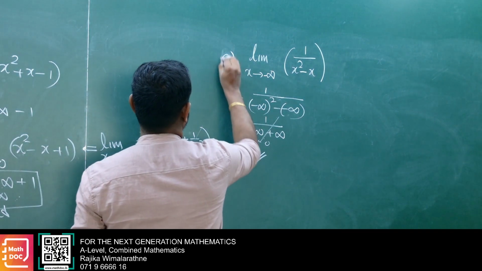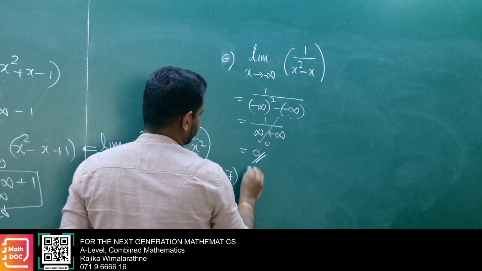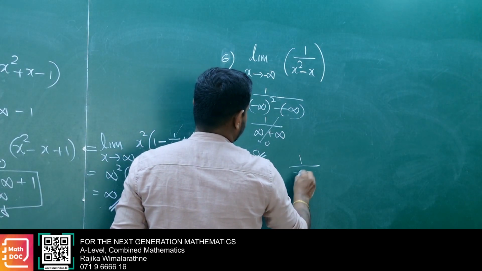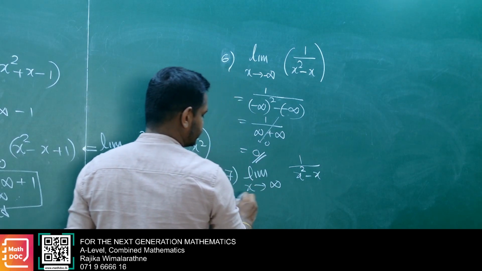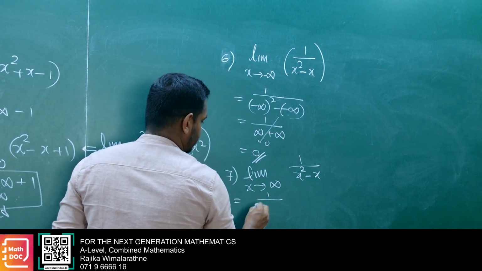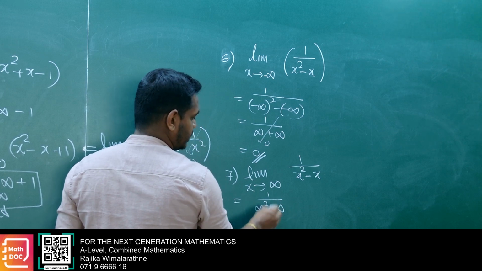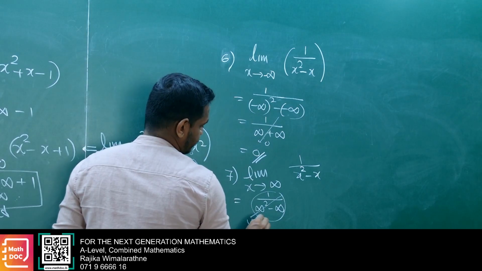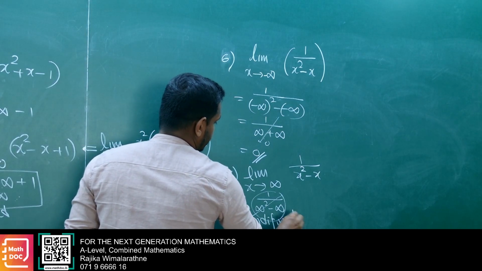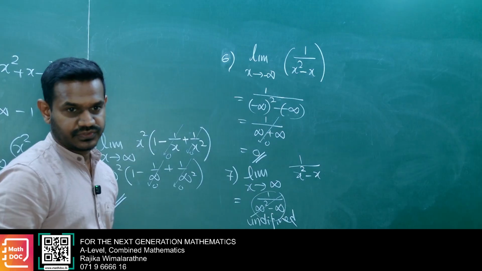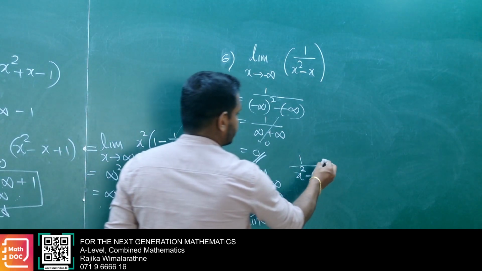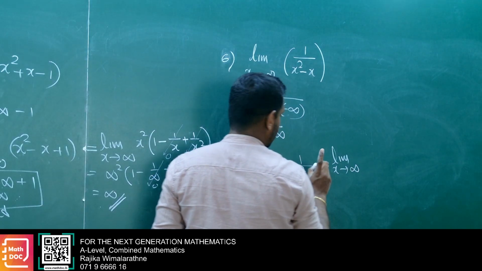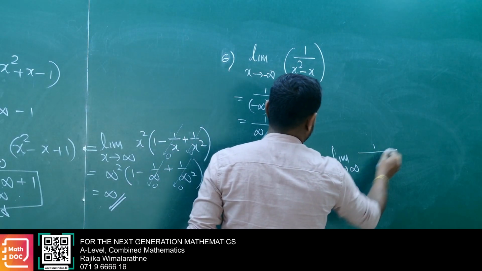Seventh one: limit x goes to infinity, x square minus x. When you substitute directly, we get infinity minus infinity. It is undefined, so we can't take it as the solution. So the procedure here is, take the maximum power term outside from the bracket.